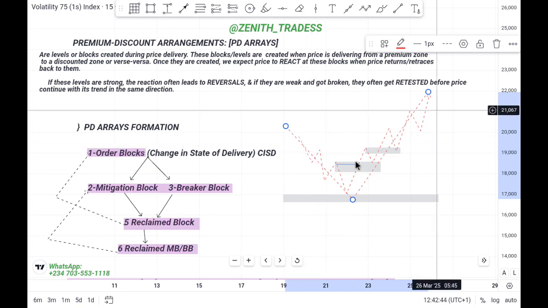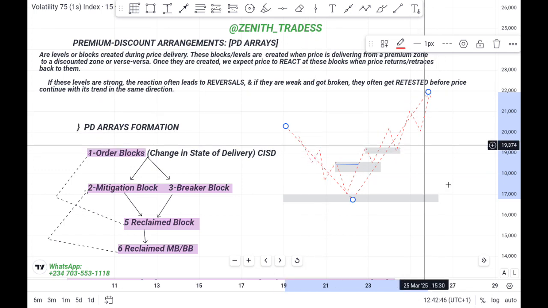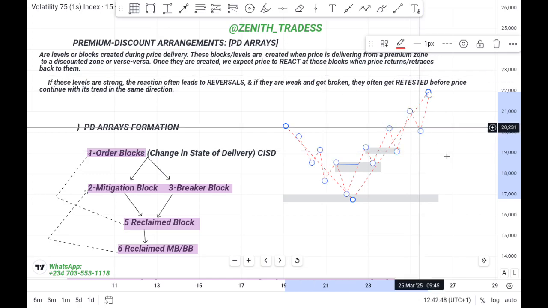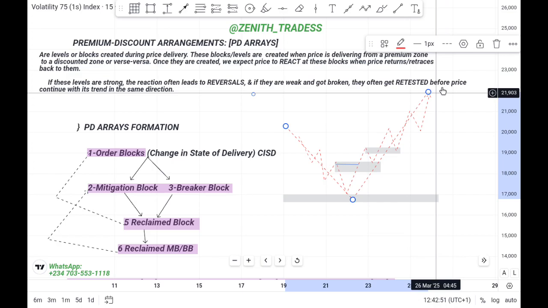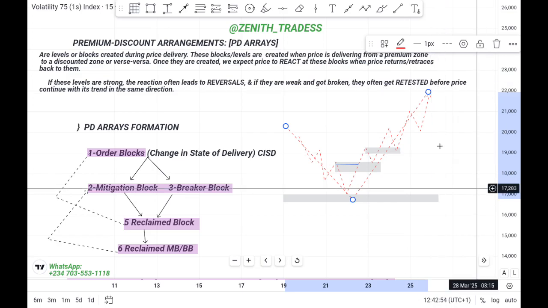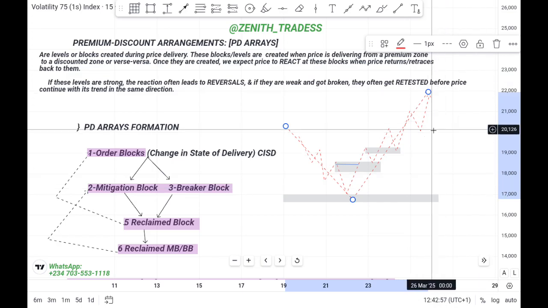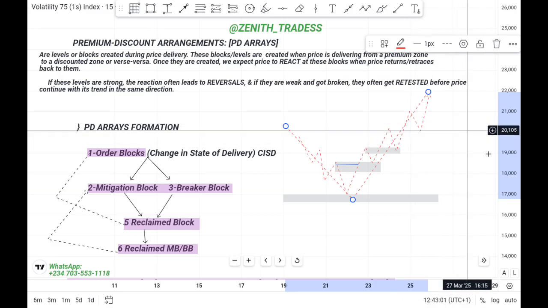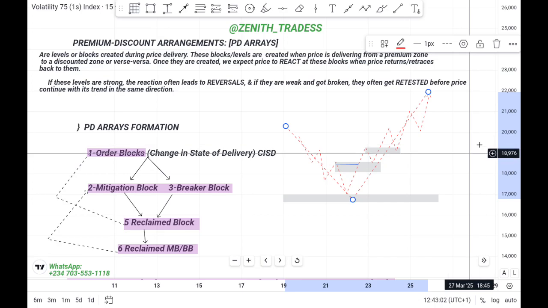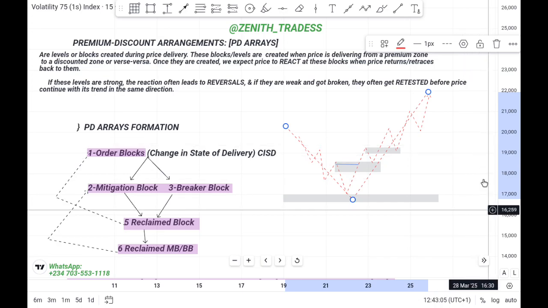That is for a bullish scenario. If it's a bearish scenario, if price was bullish before the change of character and turning bearish, the last low before the change of character will serve as your breaker, whereas the recent lows that support price going lower will be mitigation blocks.